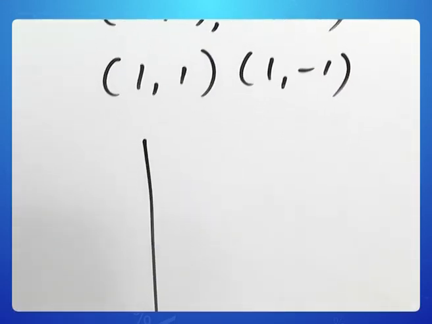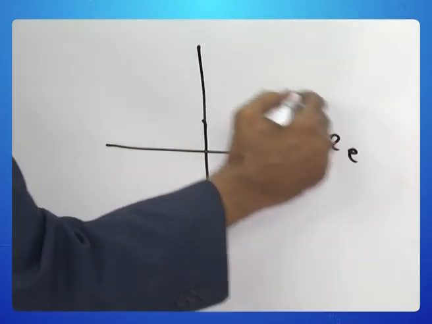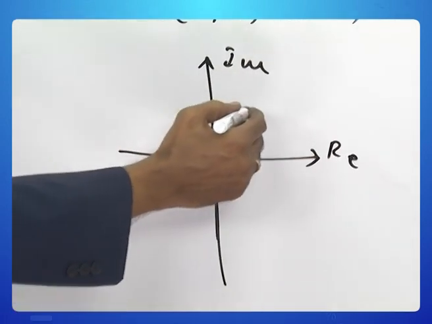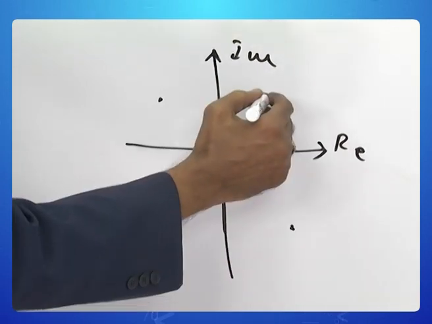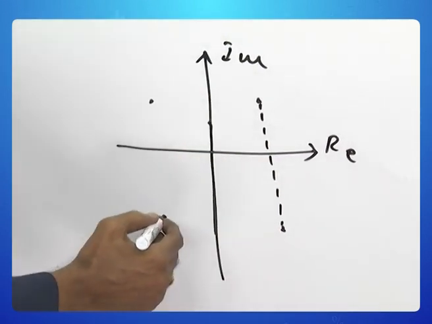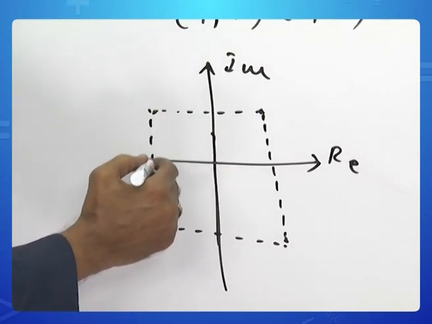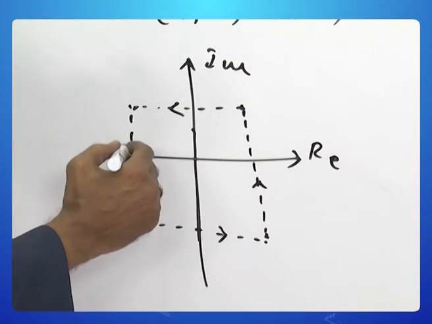So you can plot this in the complex plane. These are the 4 points. Integration always anti-clockwise.